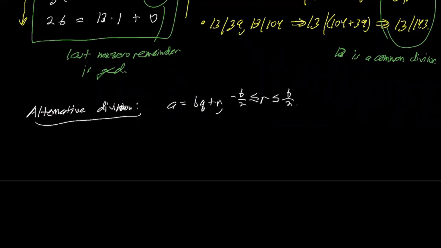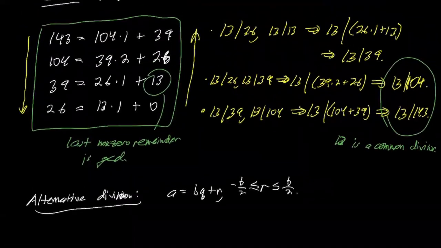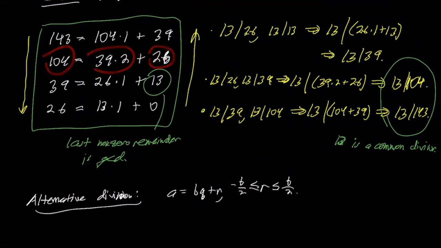Right? You could take the nearest quotient. What we were doing up here was taking the biggest quotient. With 104, 39 times 2 is not the closest multiple of 39 to 104. It's the biggest multiple that's less than 104, like The Price Is Right.